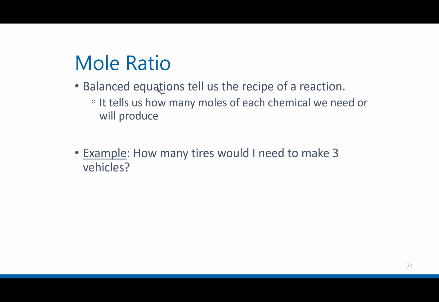How many tires would you need to make 3 vehicles? If you were going to write this as a chemical equation, you know that a vehicle, a car, an SUV, a truck, whatever, they all have 4 tires. I'm not talking about bicycles or motorcycles. So 4 tires is in one vehicle.